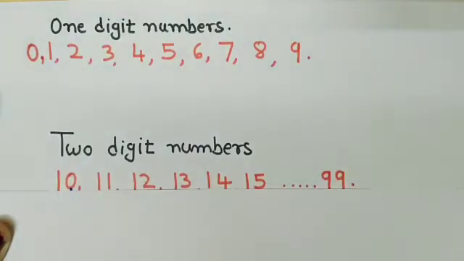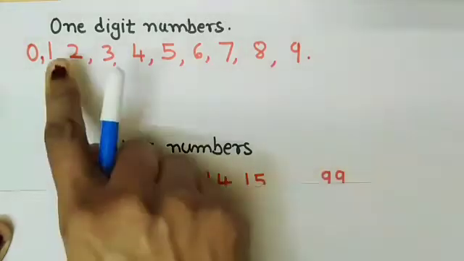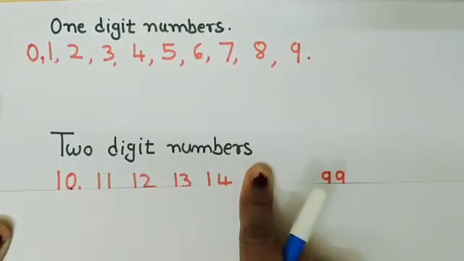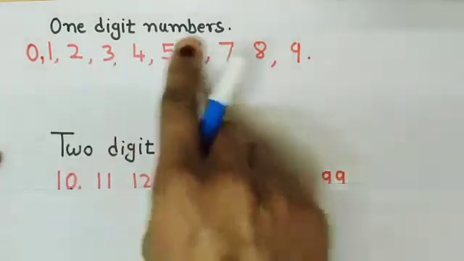Children, today first we will revise what we have learnt in the previous video of this lesson. Shall we start, children? Let's start with 1-digit numbers and 2-digit numbers. So what are 1-digit numbers?